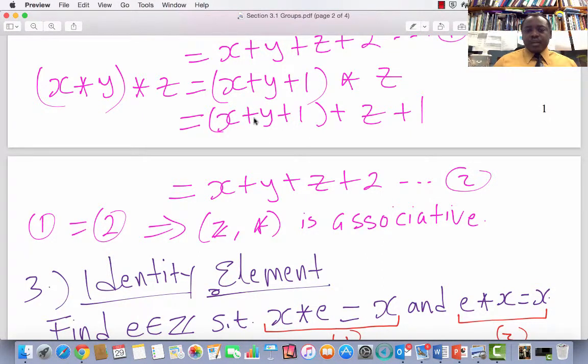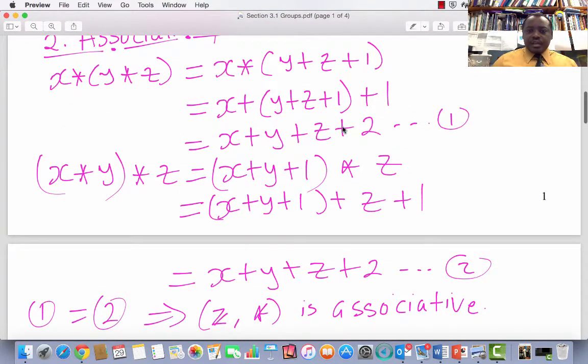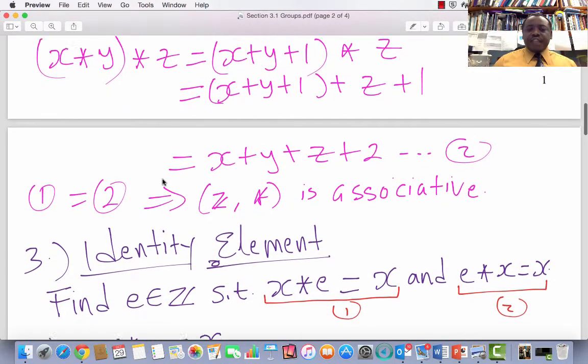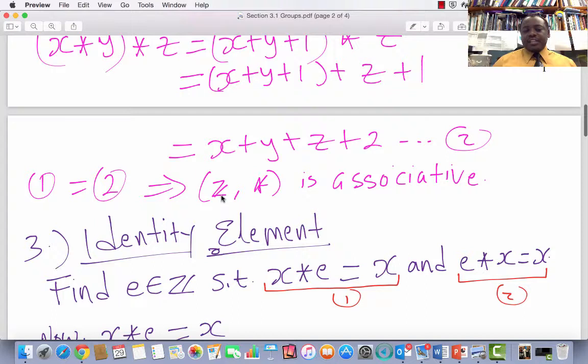And again, we are dealing with integers here, so there is associativity in addition. So this equals x plus y plus z plus 2, and we call this equation 2. Equation 1 equals equation 2. So that means x star (y star z) equals (x star y) star z. So we just verified that the set of integers under the operation star is associative.